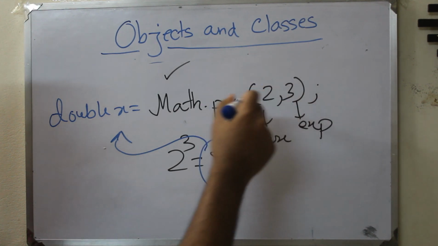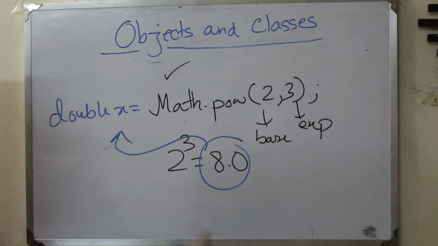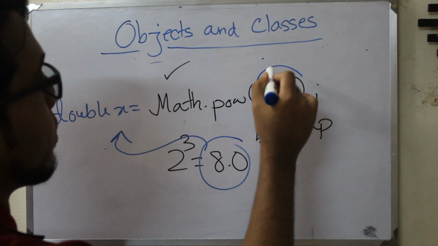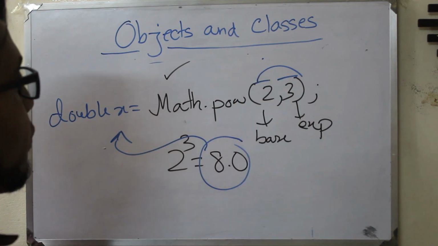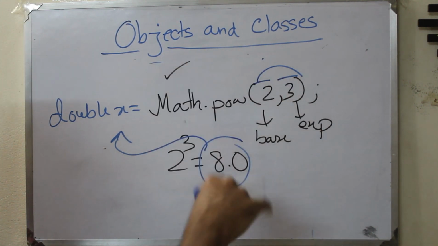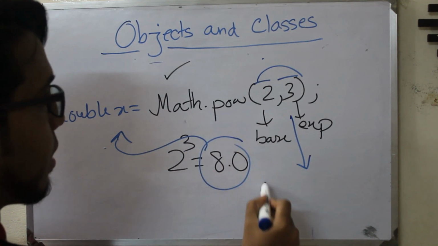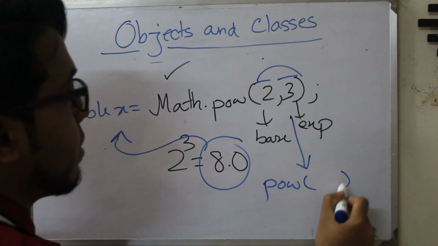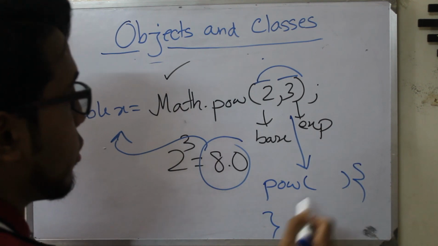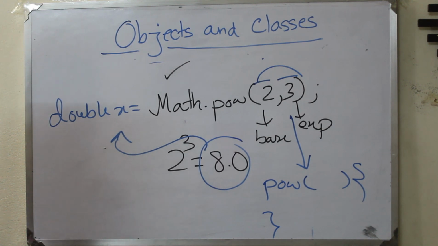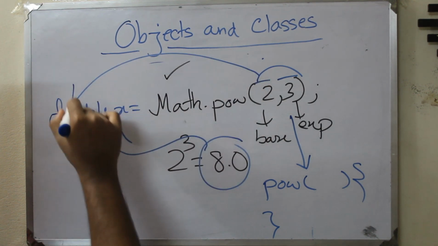This method calculates the value. It is a method written inside the Math class, and the name of the method is pow. We're passing two arguments here, 2 and 3. When the method performs its code, which is written somewhere in the Math class, it returns a value which is a double value, and we store this value here.